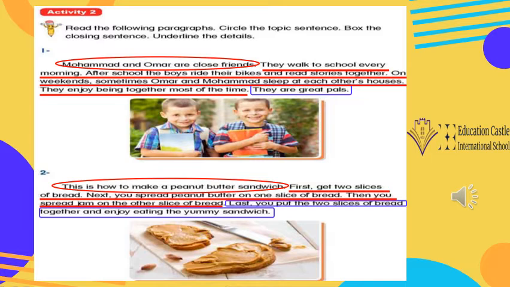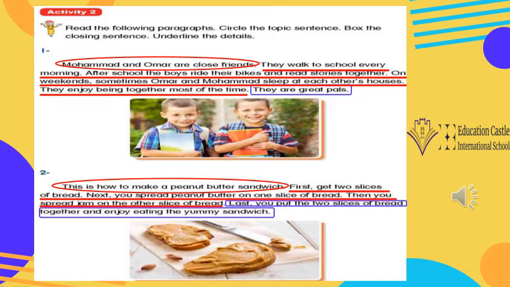So here the topic sentence will be: Muhammad and Omar are close friends. And after that, we have the details. All the sentences after the topic sentence, we will underline them to be details. They walk to school every morning. After school, the boys ride their bikes and read stories together.